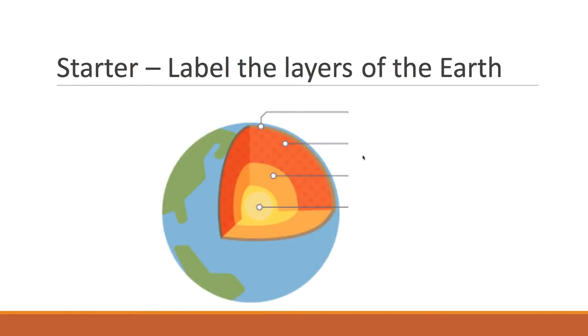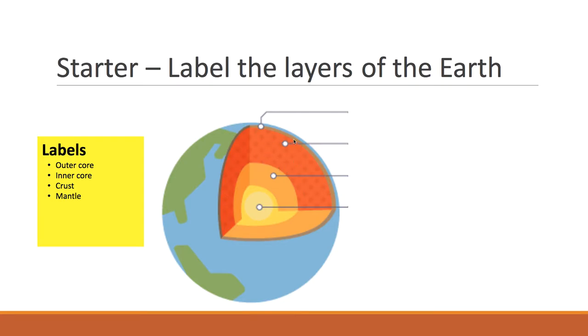So, if we start with the picture of the Earth, this is how we understand the structure of the Earth. We have the crust here. We have the mantle here. Now there is more detail to this than I'm giving you, but this is what you need to know.